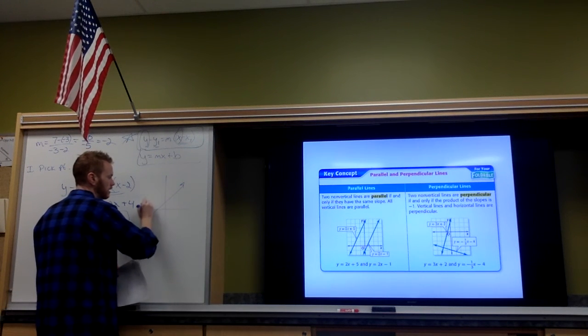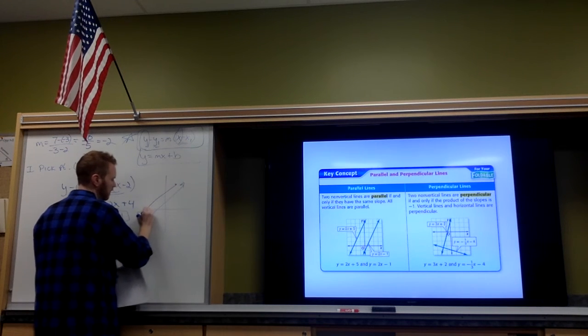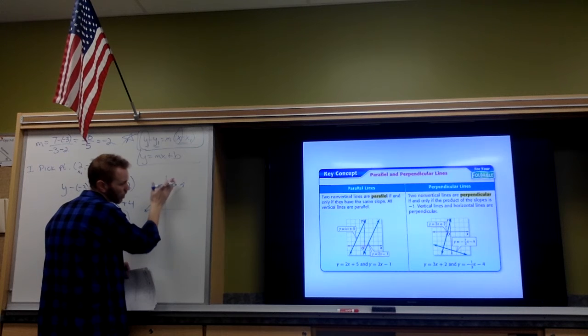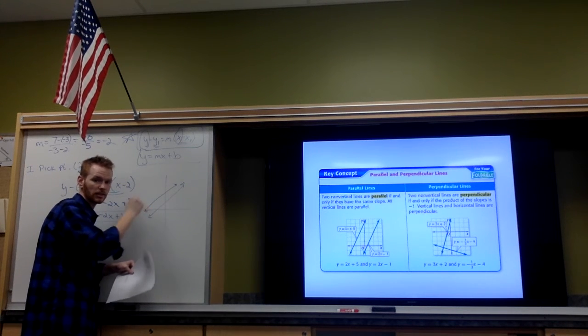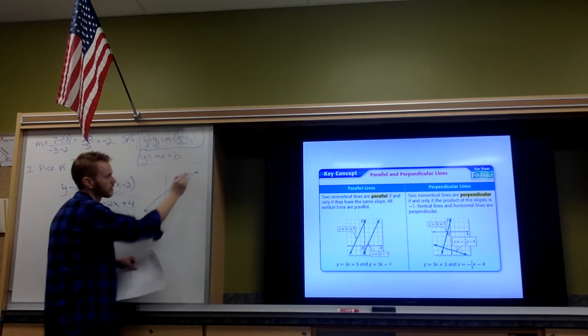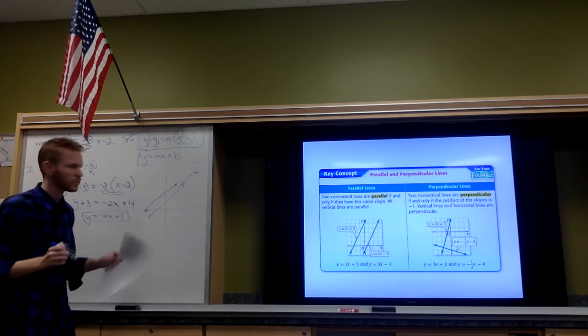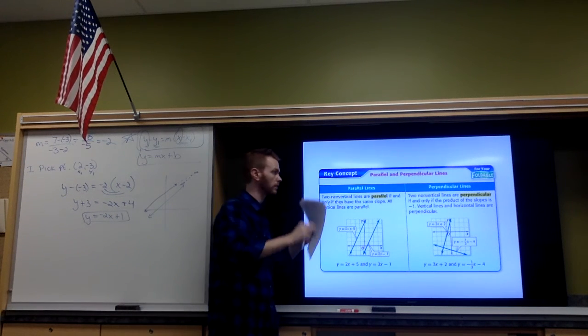If this other line is just ever so slightly turning, like the slope isn't quite the same, it doesn't look like it's an issue here, but further along the path, they will cross. Okay? So to be parallel, they have to be the same slope in order for them to never intersect.